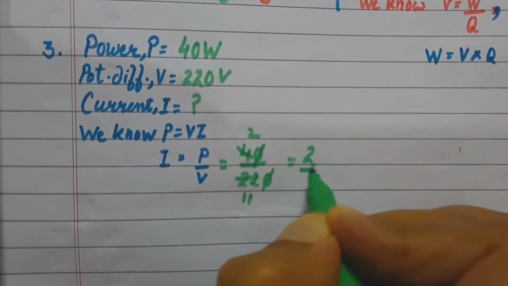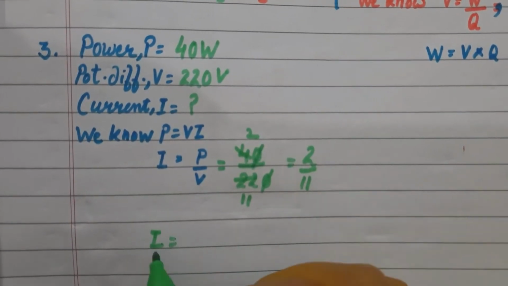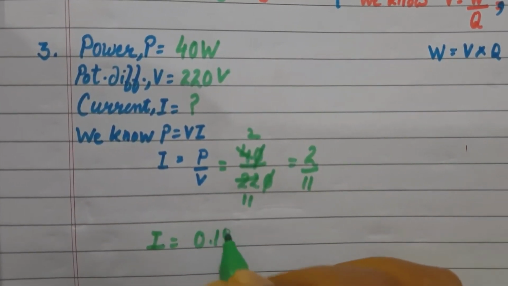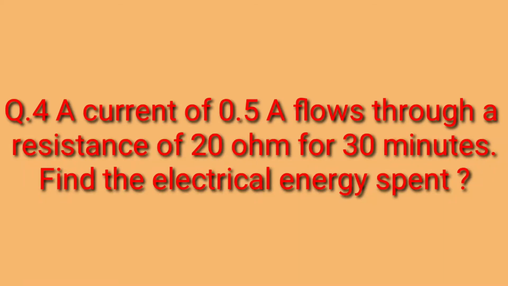It is 2 upon 11. When we solve this, it will be approximately 0.18 ampere.